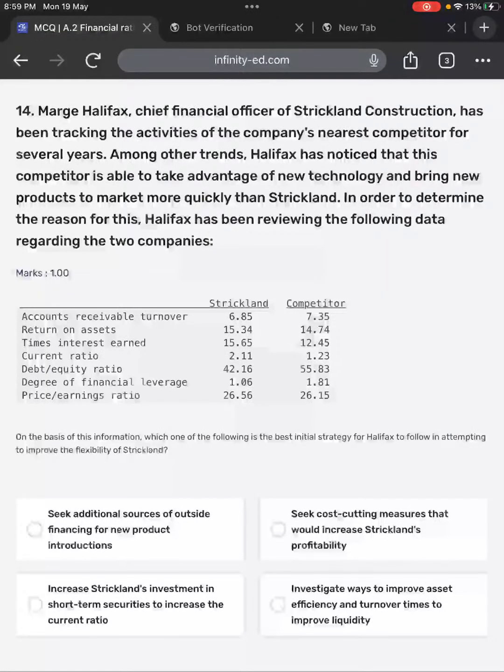On the basis of this information, which one of the following is the best initial strategy for Halifax to follow in attempting to improve the flexibility of Strickland?